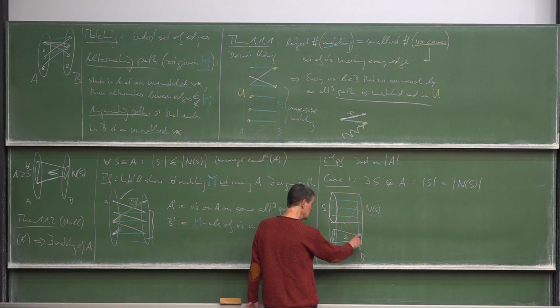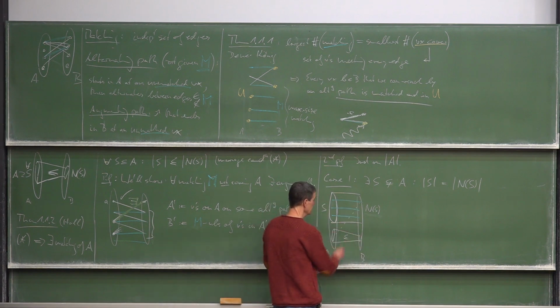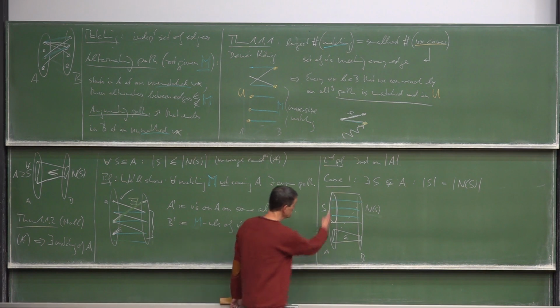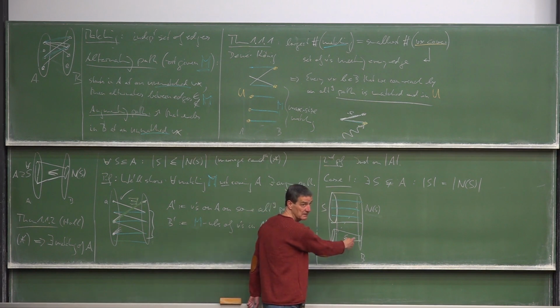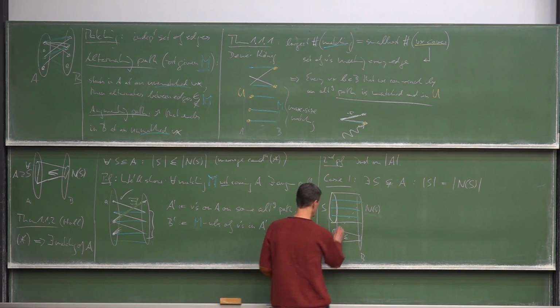And even there must be enough, because otherwise we could take this union, and these here, they disappear in the union. There are no edges from here to there, by definition of N of S. Okay, so by induction, there's also a matching down there, and we'll just put them together.